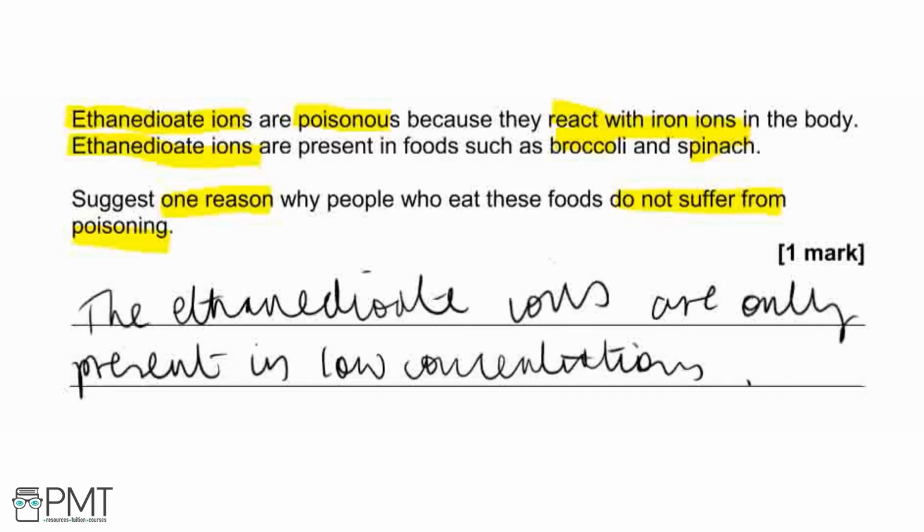And we only need to give the one reason here to get that mark. If you gave multiple reasons and one of your reasons was incorrect, then you might not get that mark there. So it's important to just give the one reason instead of listing several reasons. And this will also make sure that we're saving time when we're answering the questions.